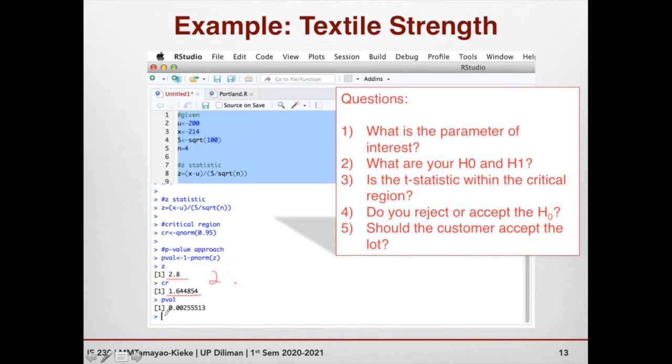And of course, that would be consistent with what you can conclude from your p-value. Your p-value is too low, 0.002555513.